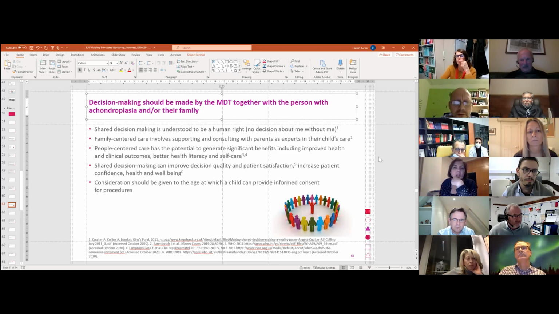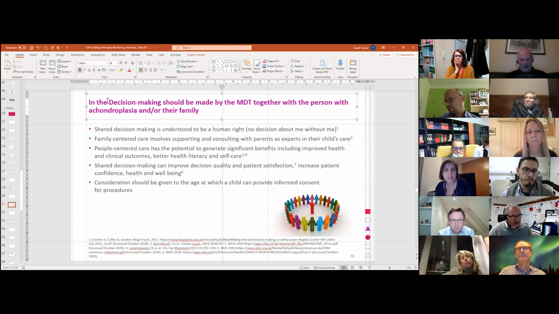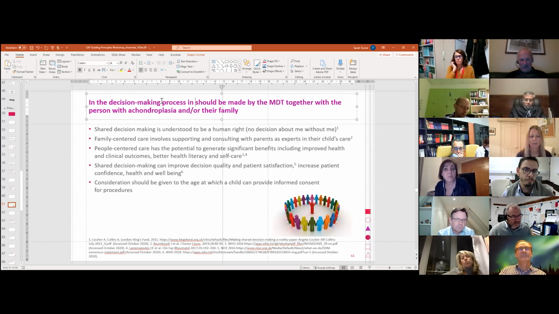Yeah. I think that the person is in the first place always, respecting the autonomy principle. So maybe it would be better to say something like, in the decision-making process of the person with achondroplasia or the family, the MDT opinion or perspective will be very important.